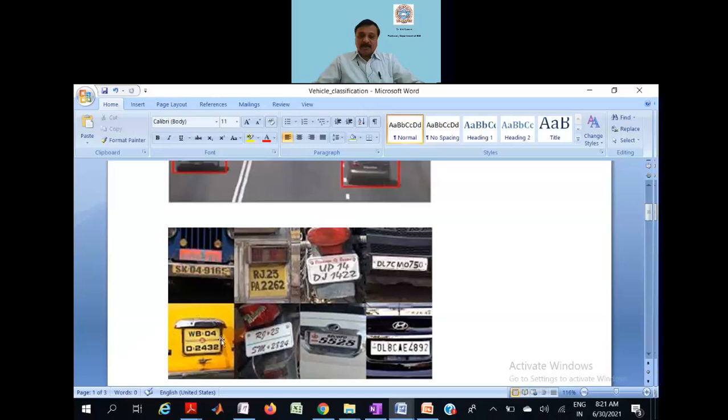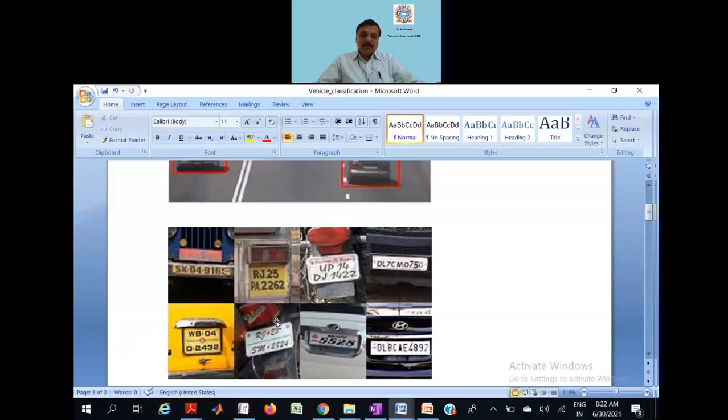Black letters printed on a yellow background would be for maybe a hired vehicle. Black letters on a plain white background, usually that is a personal vehicle, owned by a specific person.